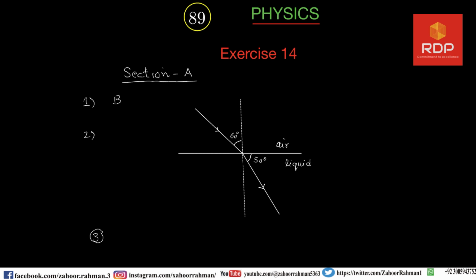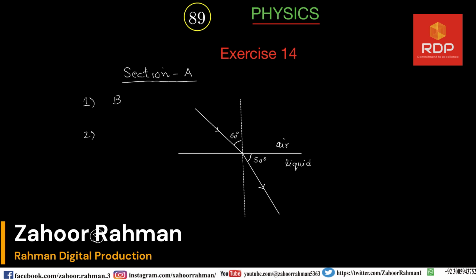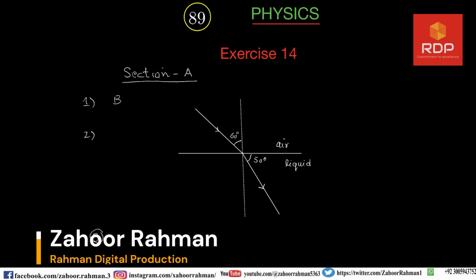Now part number 2, they have given us the diagram. I drew it, so let us understand the question. The diagram shows a ray of light incident on the surface of a liquid and its subsequent path.